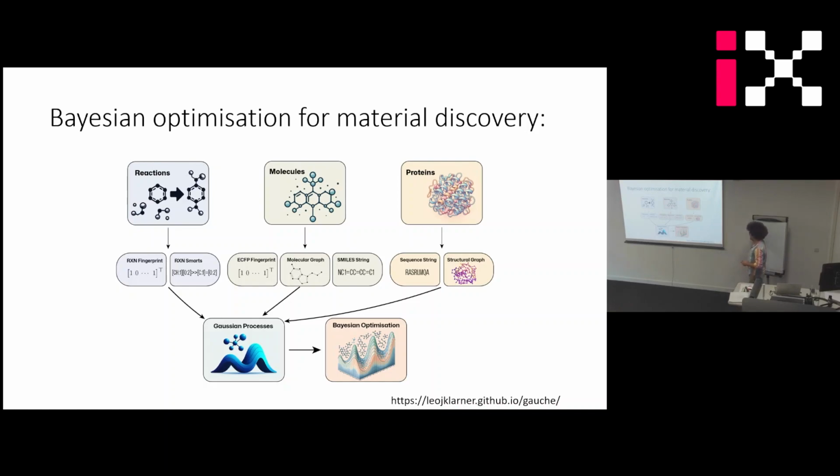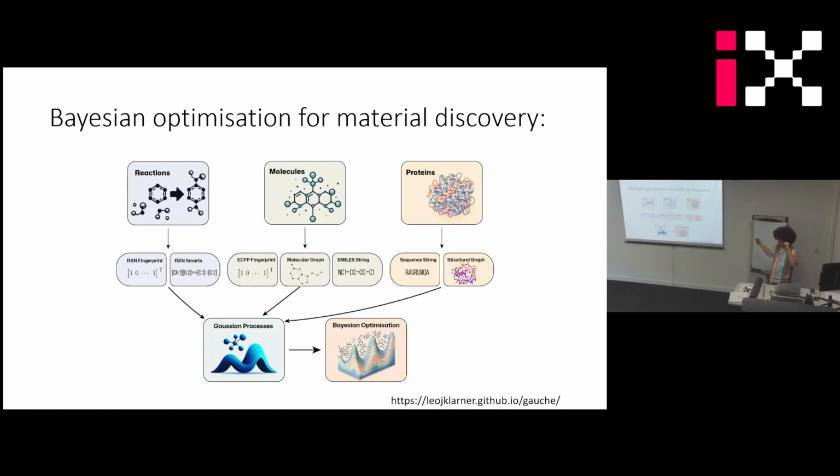That's one of the main challenges for using Bayesian optimization, or any optimization approach, for material discovery: how do you actually describe these objects mathematically, and what is the function that you're trying to minimize or maximize using your Bayesian optimization process.